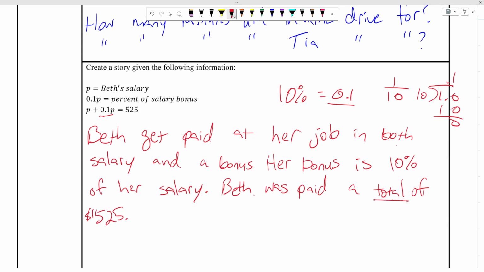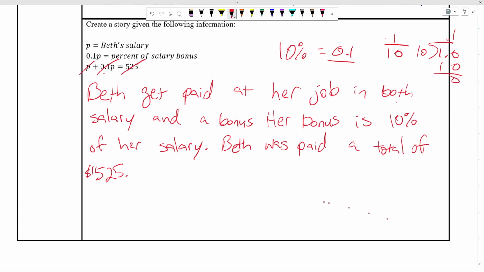A total of would be another clue that things are being added. Total of, right? So the addition is happening here. Another clue that there's addition happening in this problem. So I think I've addressed all the elements here. I've got that taken care of, and that taken care of, and that taken care of. I think I've addressed all the elements that were given to us.